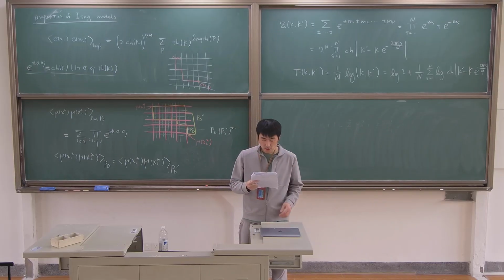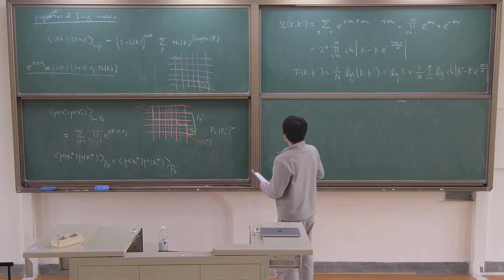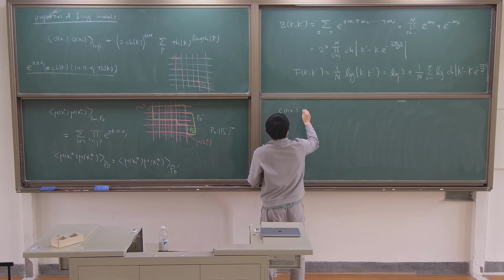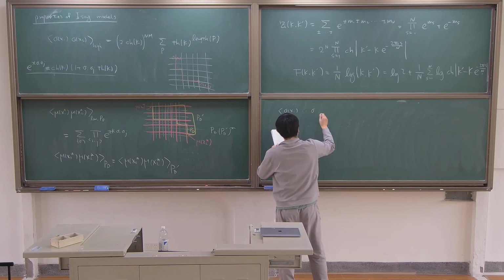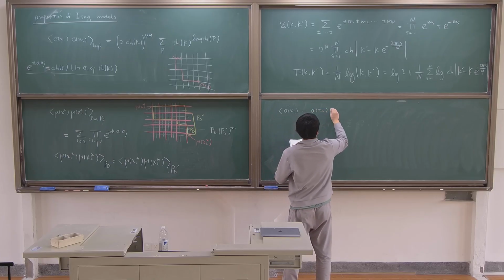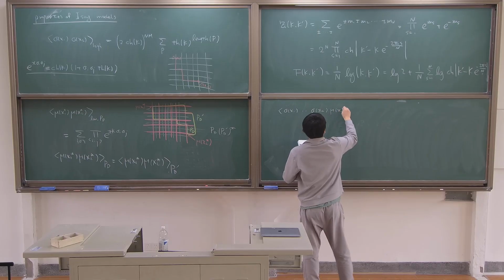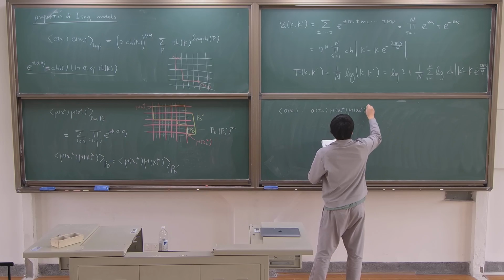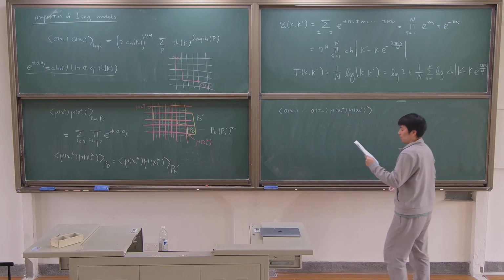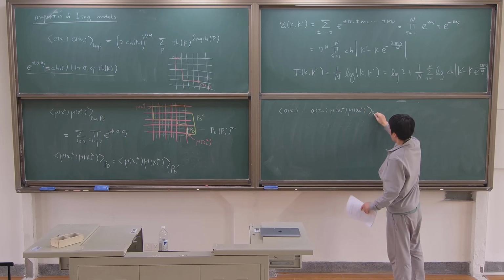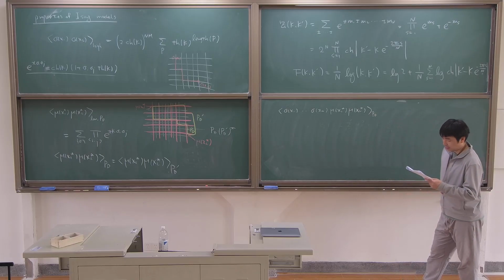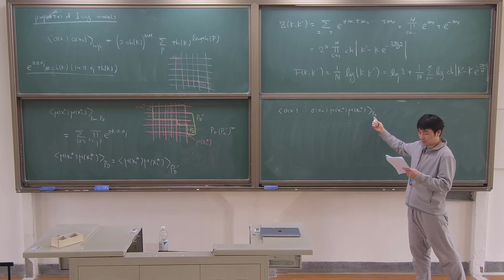So this is the case. However, if you insert two kinds of operators, the spin operator σ(x_n) and the disorder operator, like this, and try to compute this one, then it depends on the choice of the path.